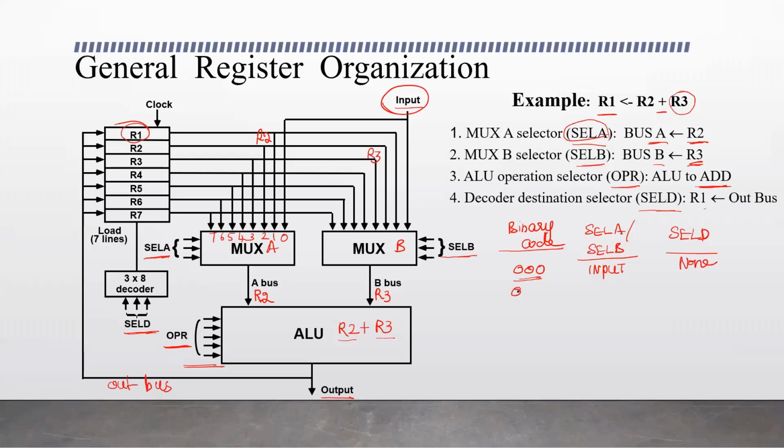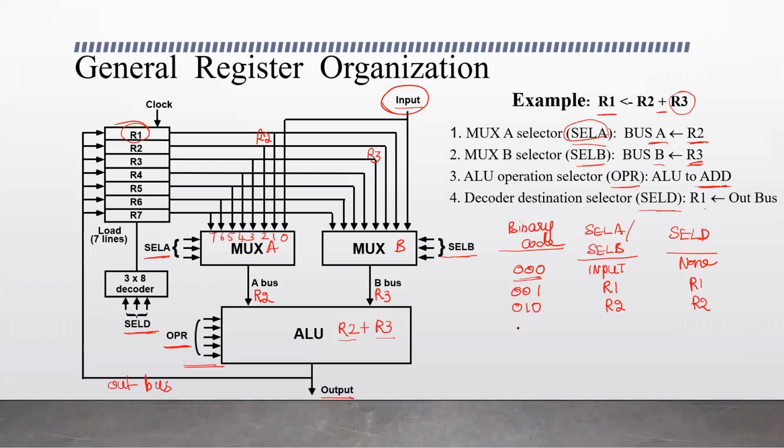In the next case, when it is 0, 0, 1, selection A and B select register R1 and selection D selects R1 here. And when it is 0, 1, 0, the register selected by multiplexer A and B would be R2, and the decoder also selects R2 as the destination register.